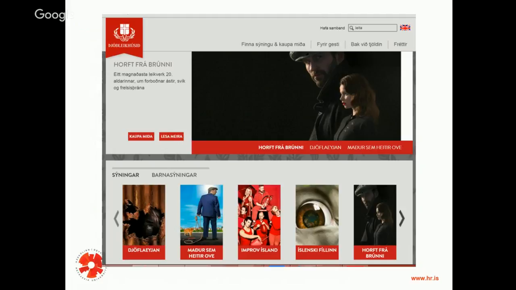Then you could see when it is shown, and you could pick a date and then the tickets. So both of them designed their website having this approach, that you first think about the piece, and then you have all the dates available.